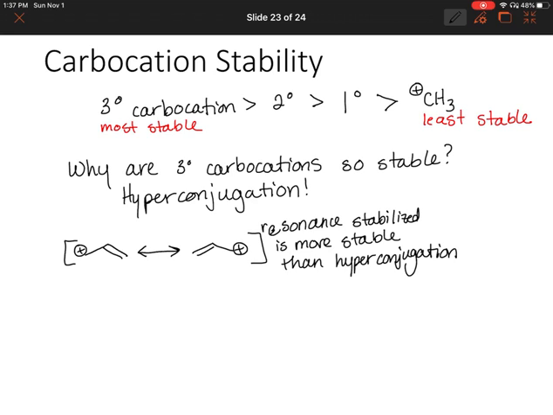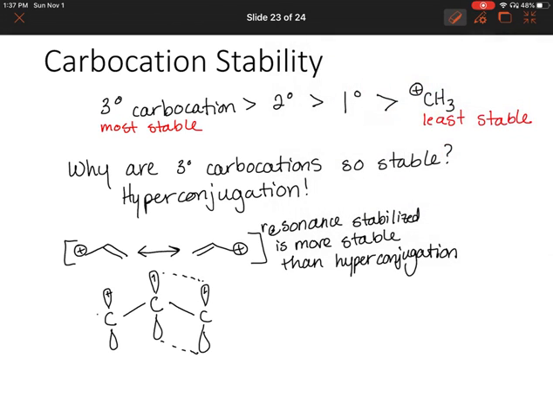But it's a similar idea because remember, with our resonance stabilization, we had a carbon with an empty p orbital, for instance, and then we had a carbon with an electron in its p orbital next to another carbon with an electron in its p orbital. And we created a pi bond here, and then that could move over to the other side. And so it stabilizes across 3 carbons total, right?